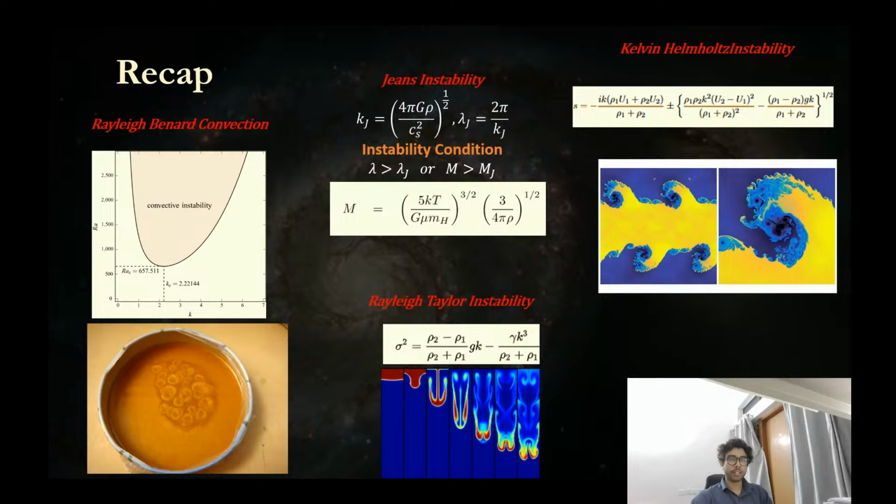And then after rising up, if it still has a lower density than the surrounding, it will keep on rising up, and that will give rise to an unstable condition. So that occurs due to the different density of a bubble than the surrounding, right?